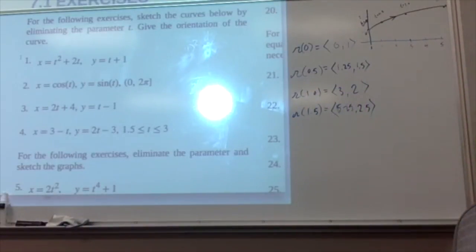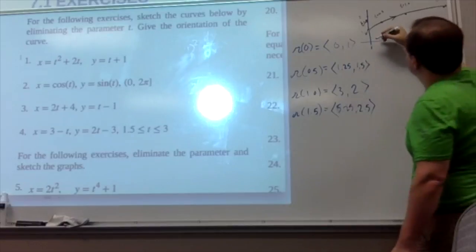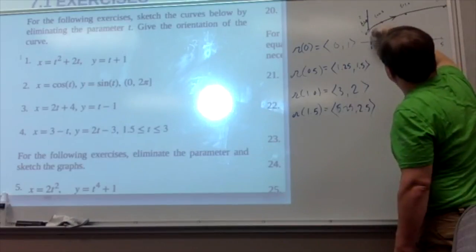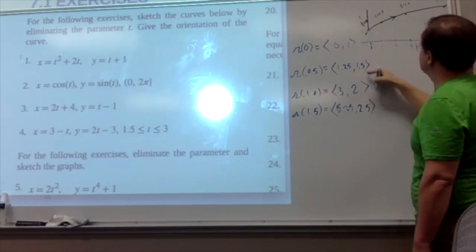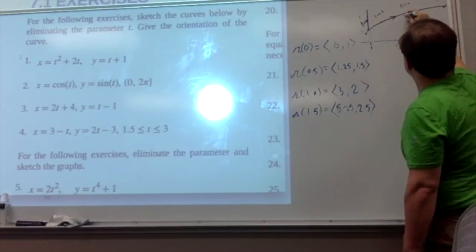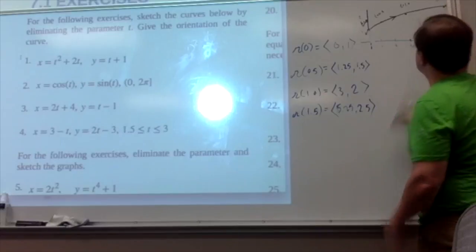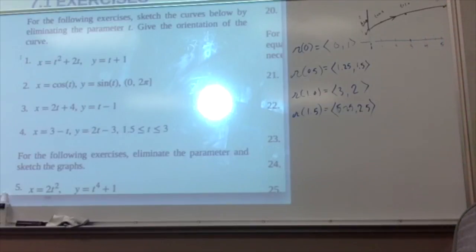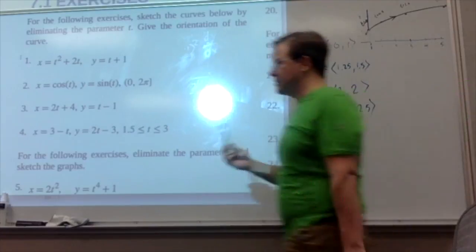This vector is right here, that green. This vector is right here. This vector is right here. And this vector is right here. So this is a vector valued function, but I'm just using the head of each vector to describe the curve.